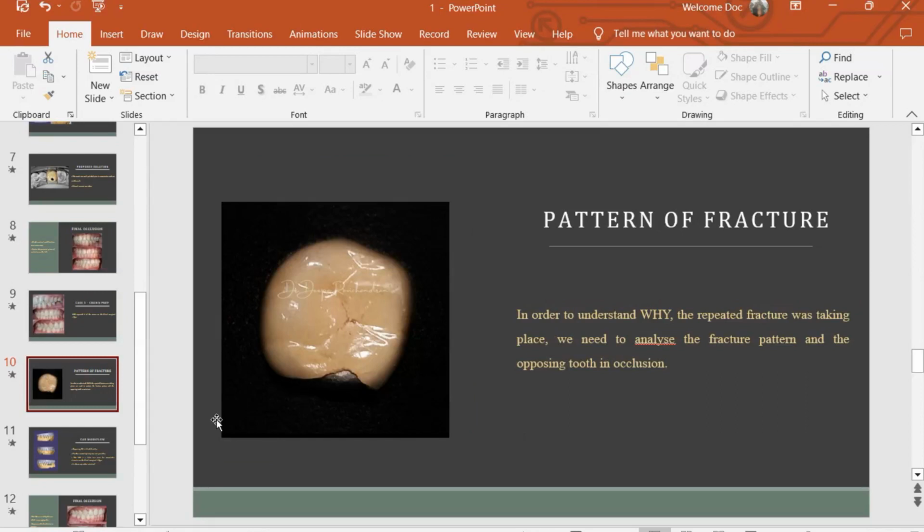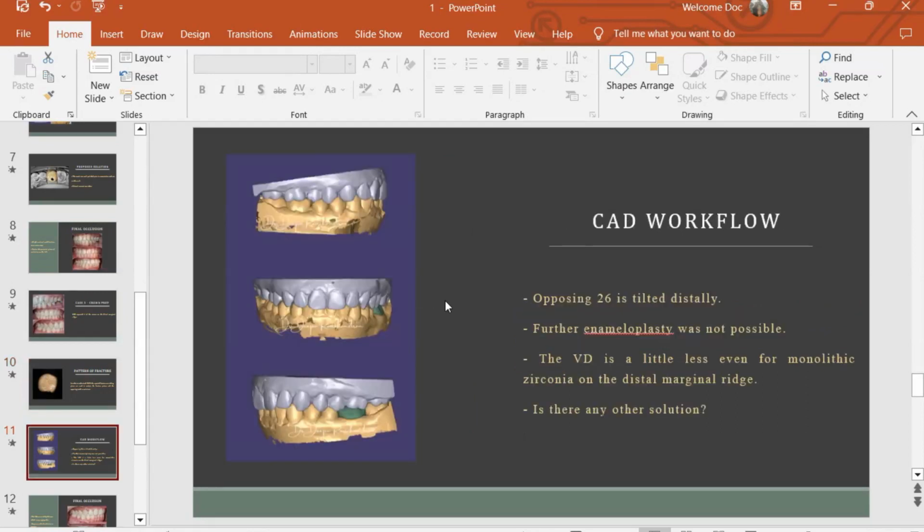So such cases need only a CAD/CAM crown and they require a complete digital workflow. It is not possible to fabricate crowns for these patients in the old-fashioned manner, which is PFMs, based on the lost wax technique.